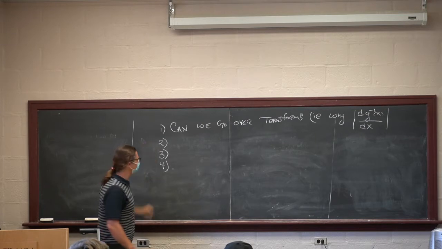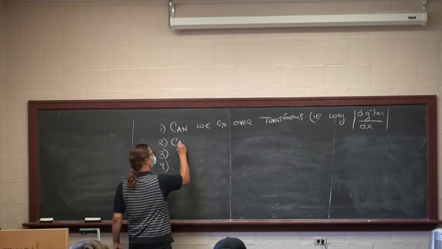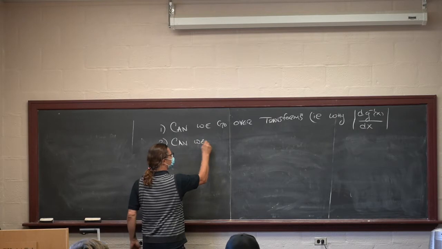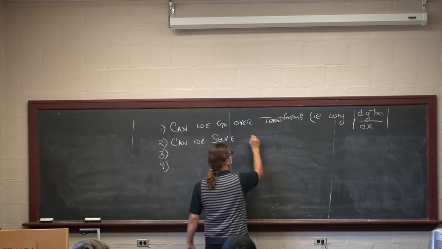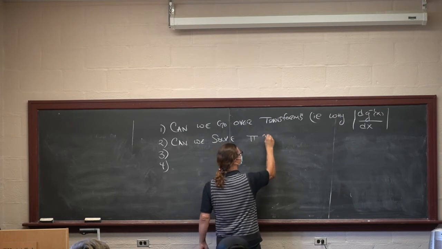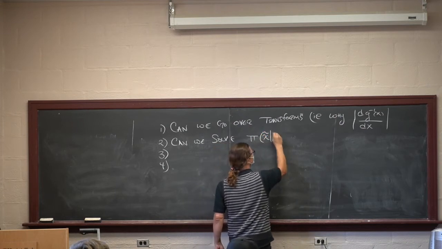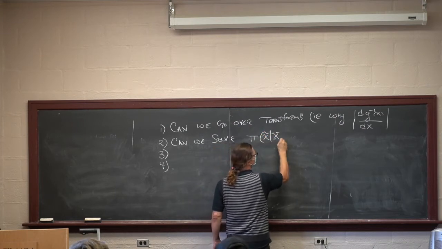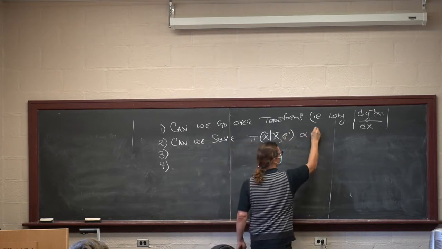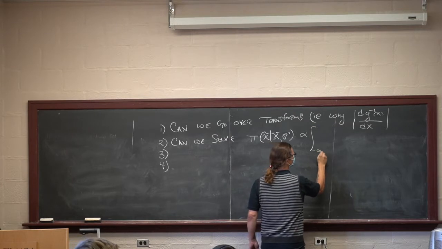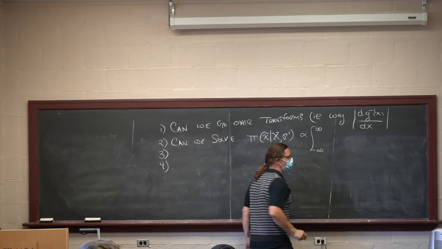Second one was, can we solve this thing right here? Pi of x tilde given x and sigma squared is going to be proportional to the integral from negative infinity to infinity.